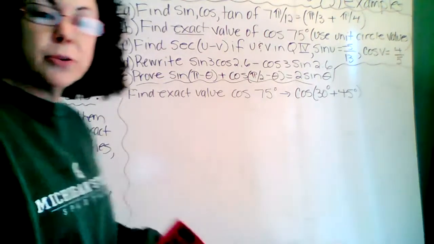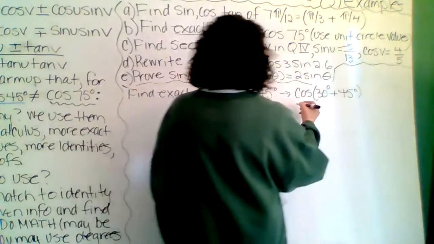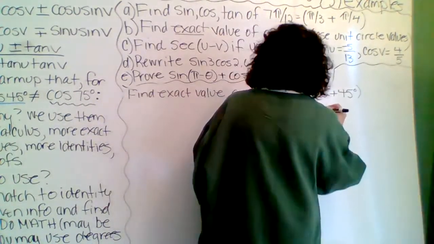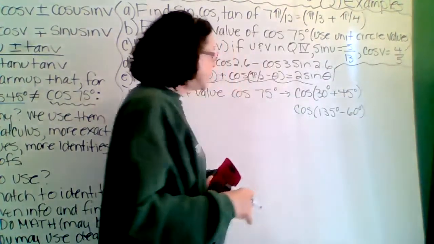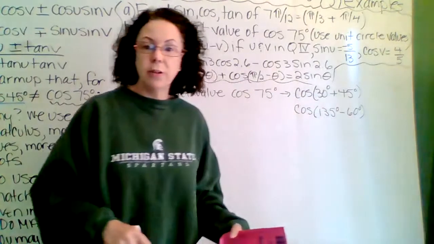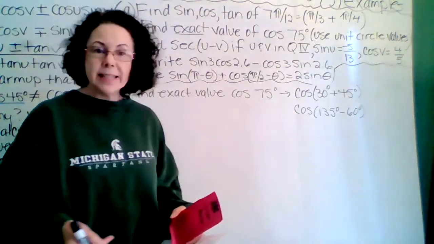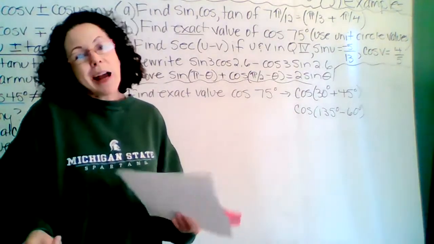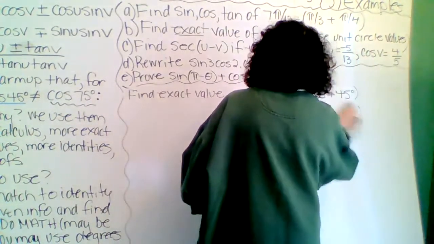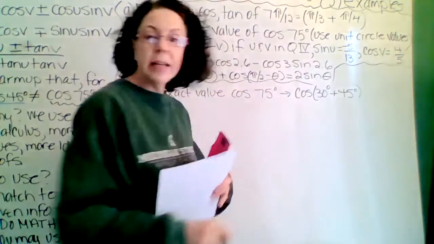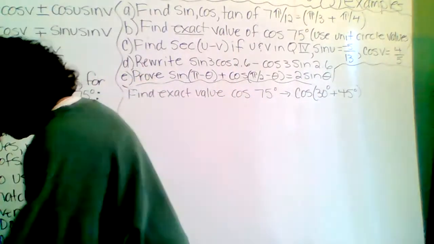I could also use, just so you know, cosine of 135 degrees minus 60 degrees, right? These angles are on the unit circle, and 135 minus 60 is 75, right? But I like my 30 plus 45 better because those values are in the first quadrant, and I'm just better with it. But either way, you'll get the same answer, okay?